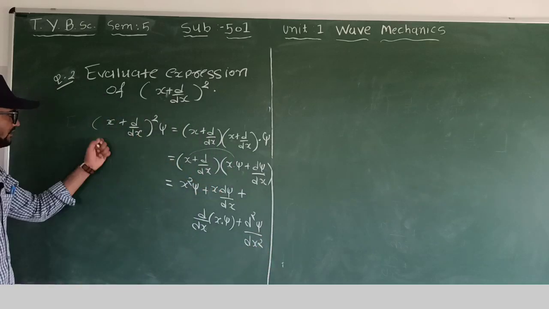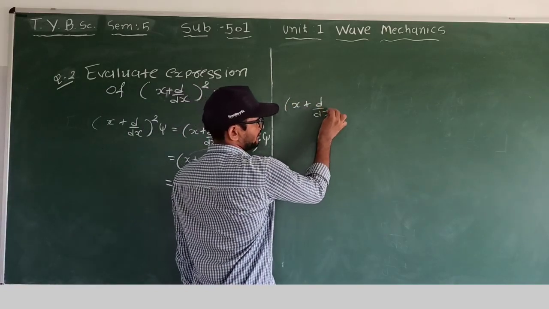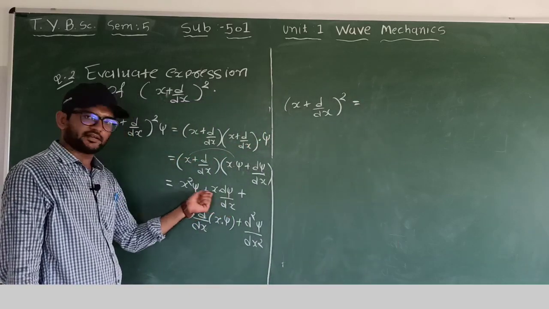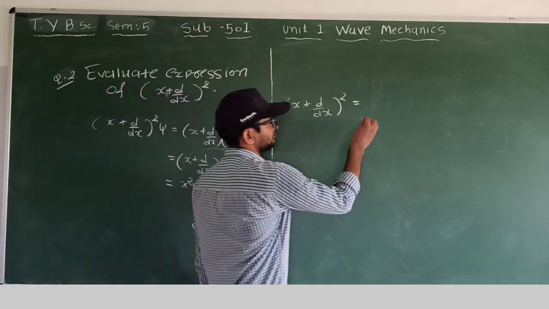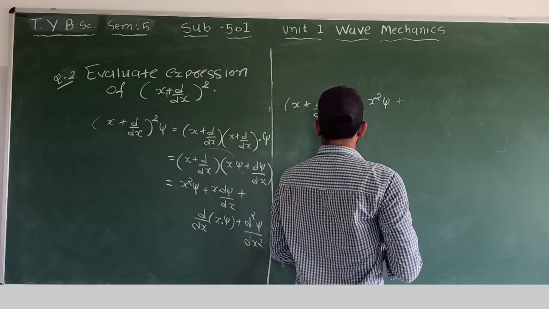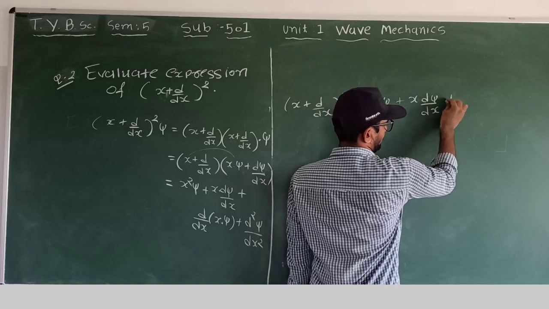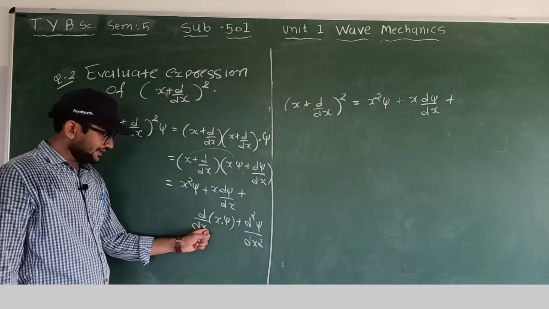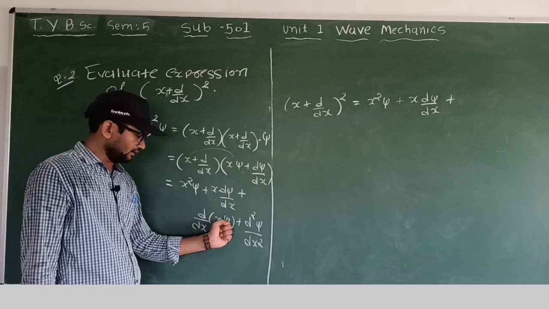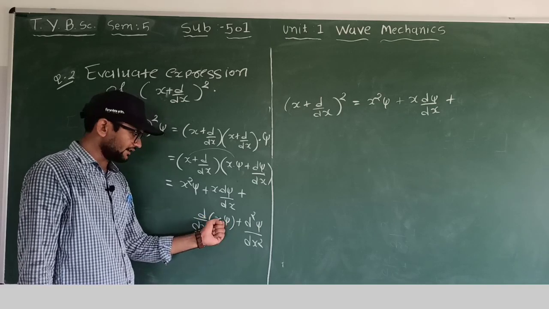Now the value of (x + d/dx) squared is equal to, first two terms remain as they are: x square sin plus x into d sin/dx. Plus now d/dx of x into sin indicates differentiation of the multiplication of two different functions.